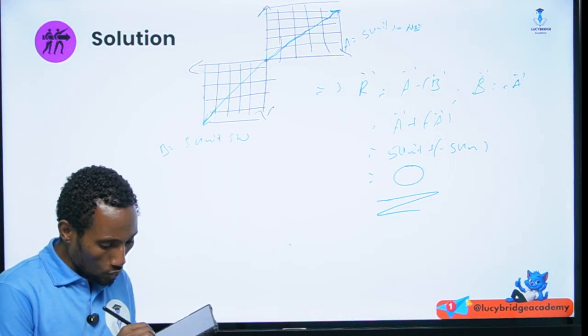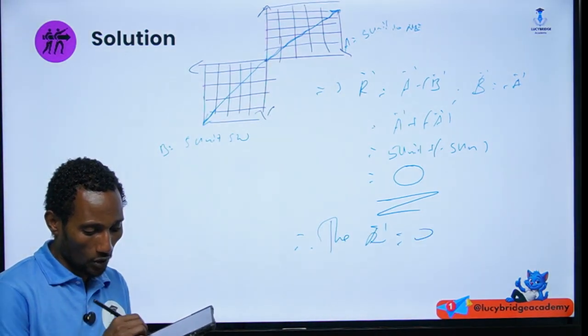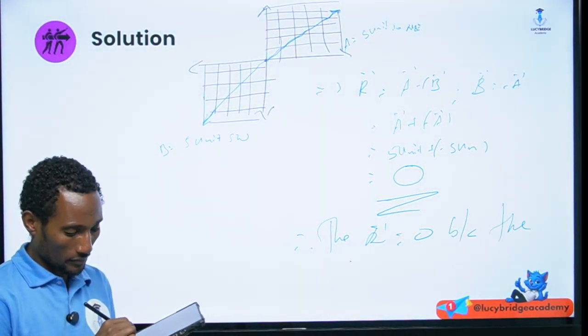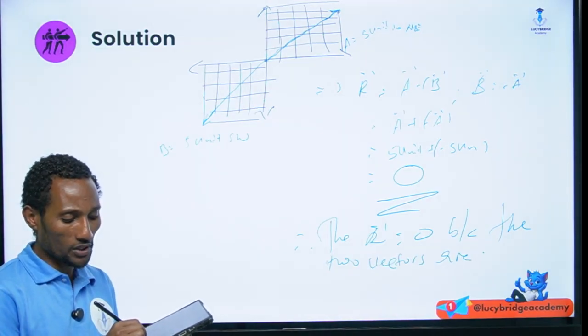This is because the resultant is 0 when the two vectors are opposite in direction.